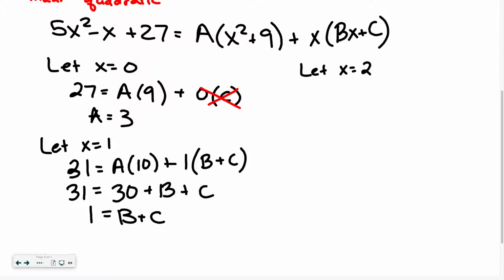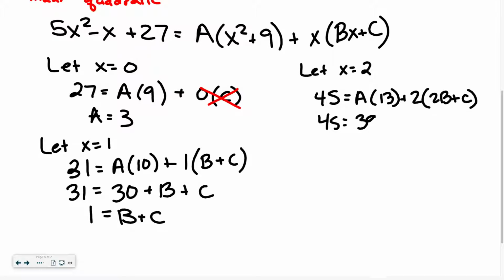But what is that? 5 times 4 is 20, minus 2 is 18, plus 27, 45? Equals a times 13 plus 2 times 2b plus c. And that's 45 equals 39 plus 4b plus 2c.